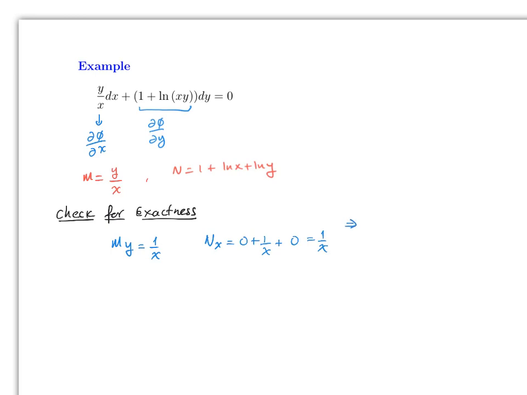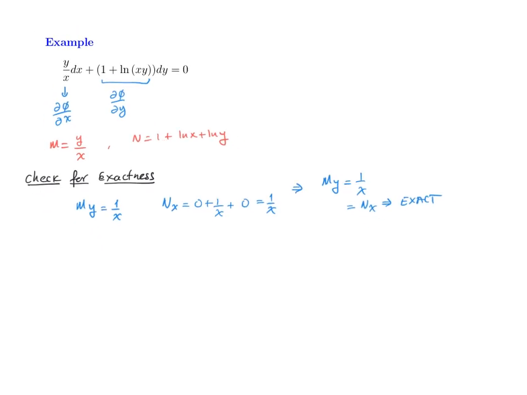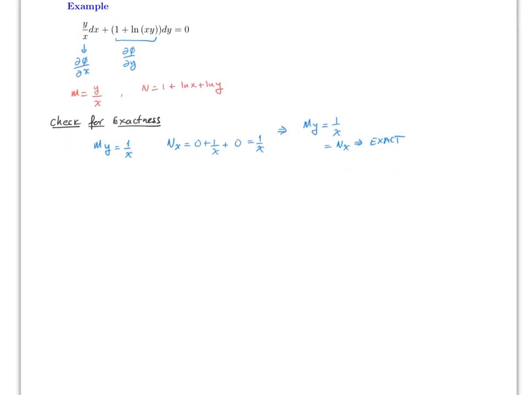So we have the following, that M sub y is equal to 1 over x, which is equal to N sub x, so that implies it's exact. So this is good. All right, so next, remember you can pick either one, d phi dx or d phi dy. So we did this one before, so let's do this one more time, but if you pick this, you should get the exact same thing.